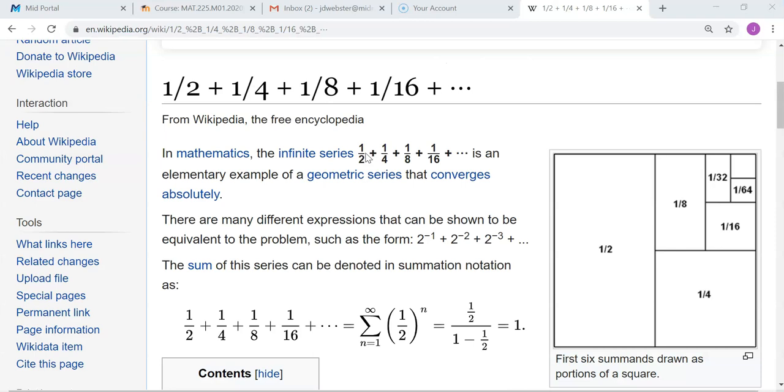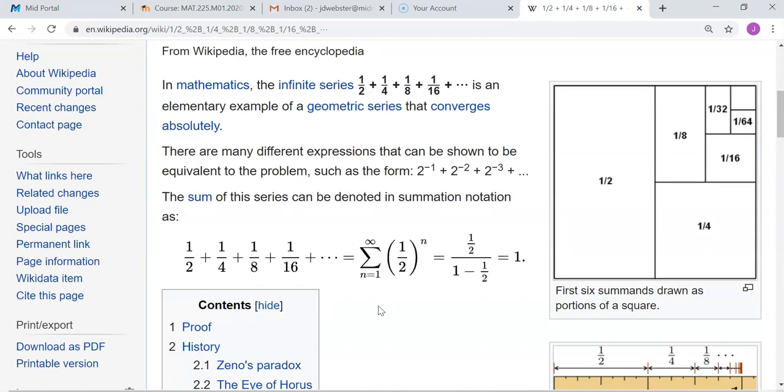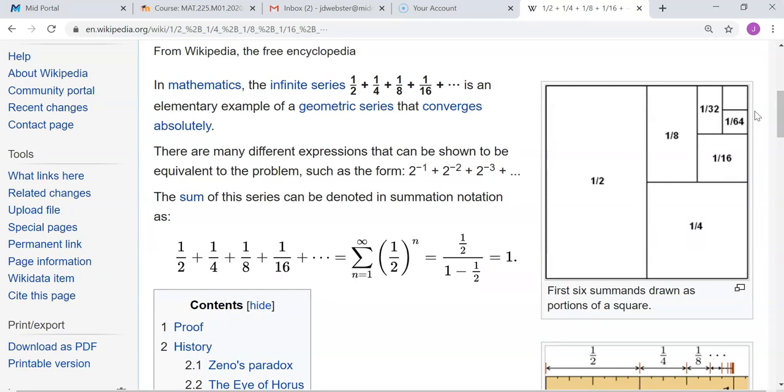All right, so this is what I did. This is something you can find on Wikipedia, the infinite summation. And what you see here, this is the drawing I was referring to. We have this square, which is 1 unit by 1 unit.